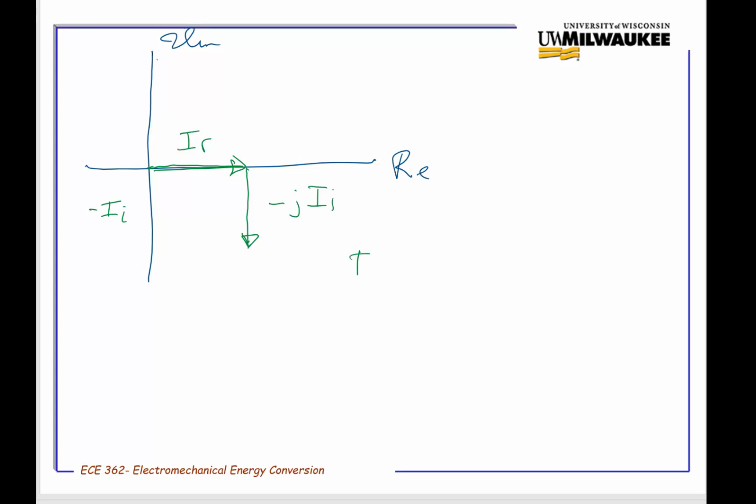So IR minus JII is going to be equal to some phasor I. To find what this is, I would start at the origin and draw a phasor line to the point where I ended. And that is the phasor current.